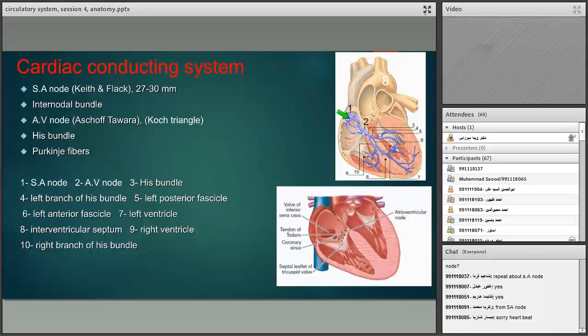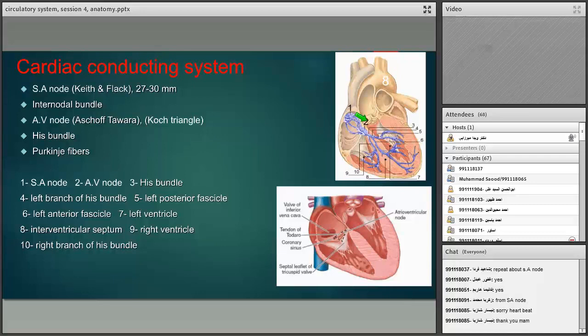After that, it will reach the AV node through the internodal bundles and distribute into the myocardium of the right and left atrium, contracting them. By contracting the atriums, the blood will come into the ventricles because the ventricles are relaxed and in the diastole phase.